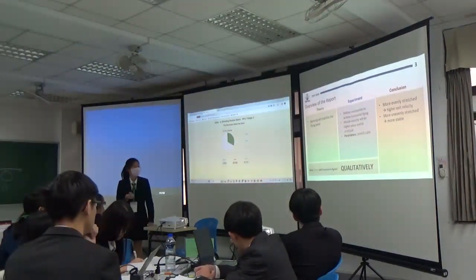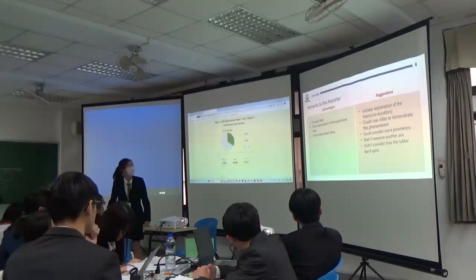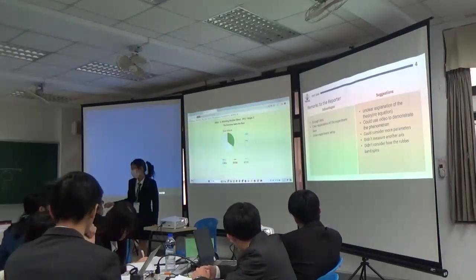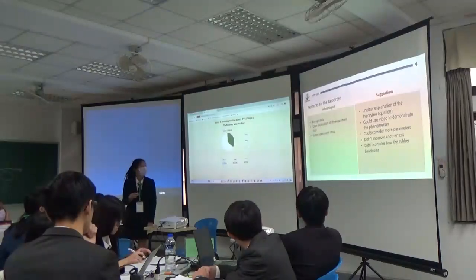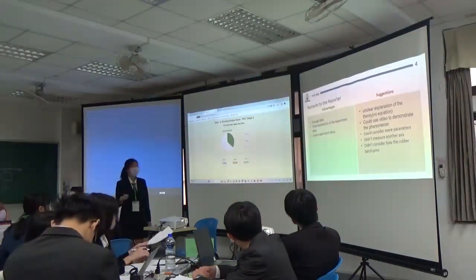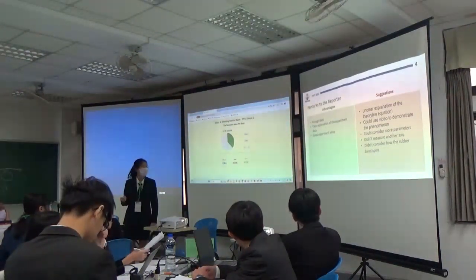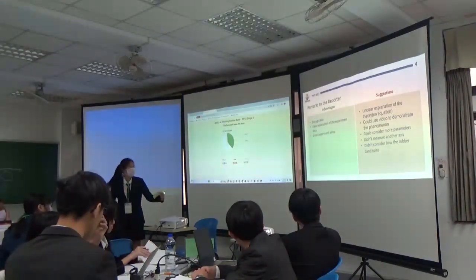For the advantages of the reporter, they have enough data, and they did explain the data, and they have a great experiment setup to measure the distance.